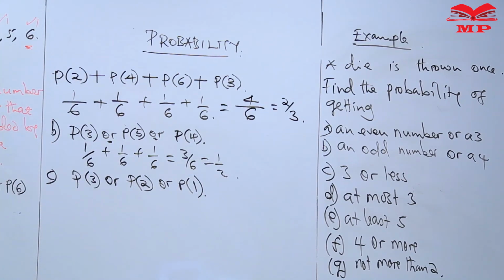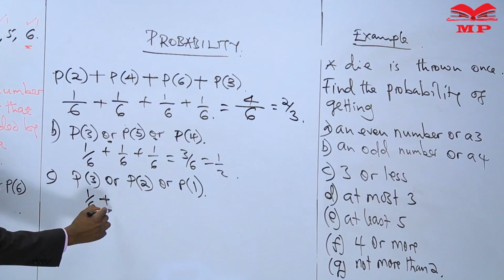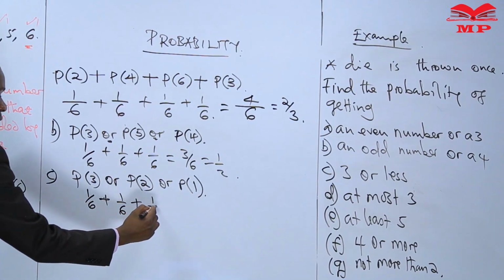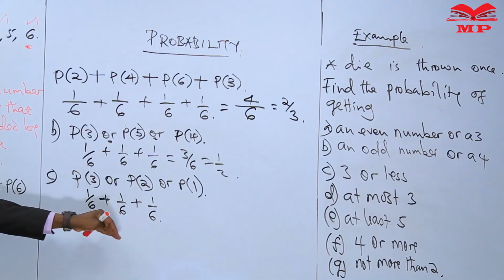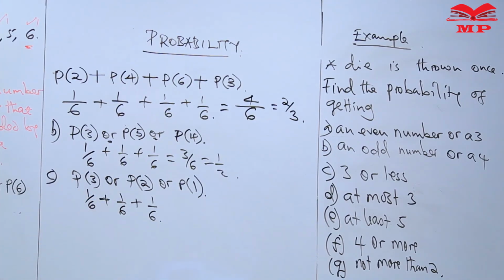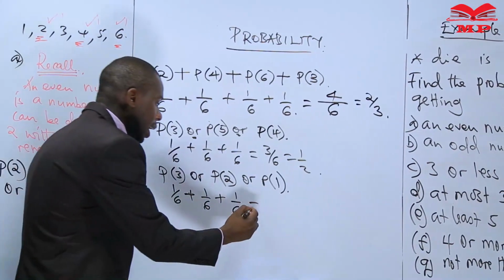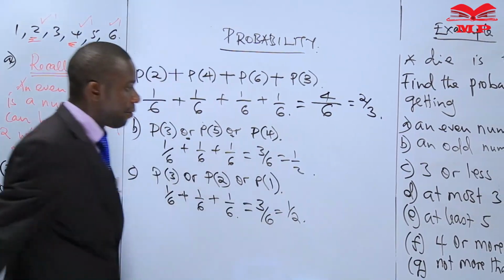So that is 3 or less. So again, the probability of 3 is a sixth, plus the probability of 2 is a sixth, plus the probability of 1 is a sixth. I want us to believe we now know why we are saying each one is a sixth, because we are only taking 1 out of the total number 6. So in this case, again, when we add, we get 3 out of 6, which is actually a half.